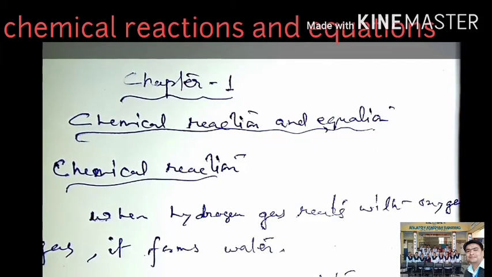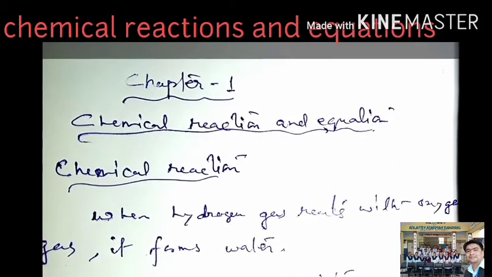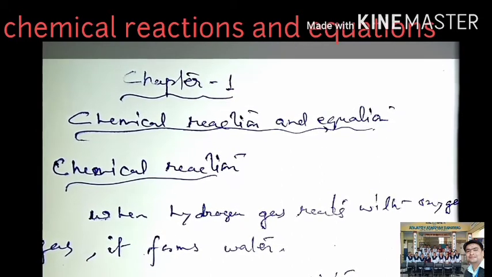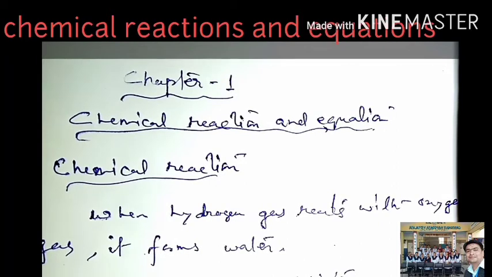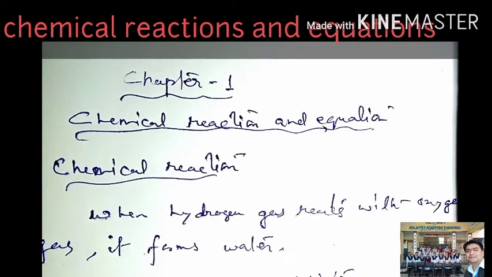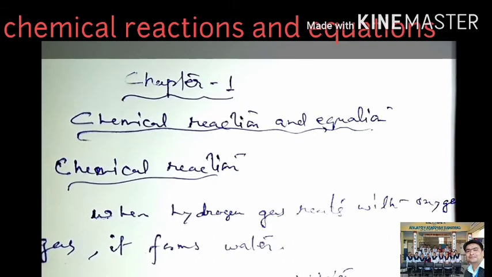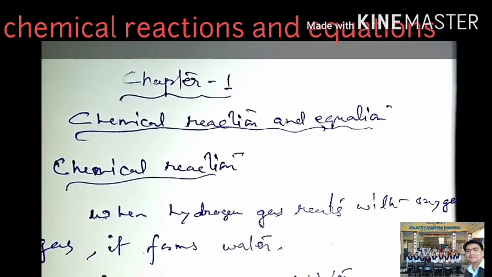Here you see hydrogen I have represented in the form of a word, oxygen in the form of a word, and water is also in the form of a word. So this is a kind of equation. Students, you must know these equations are called word equations, because here all the chemicals are represented in the form of words.